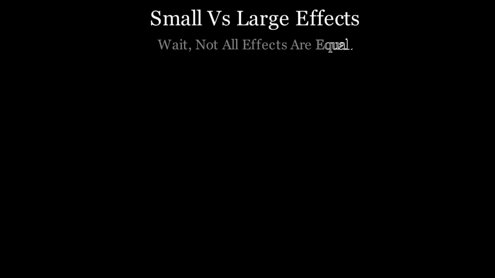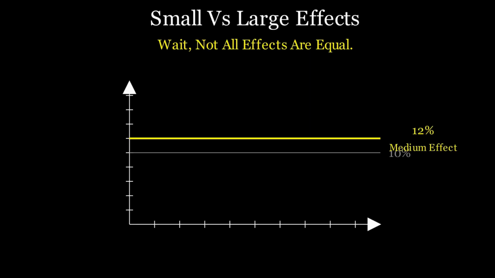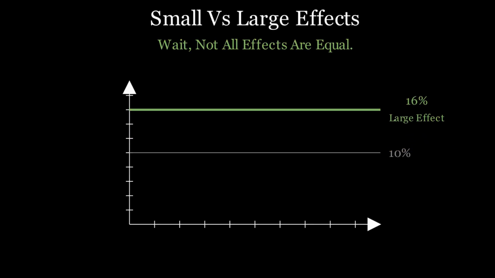They treat all improvements the same, but not all effects are equal. Small effect, such as conversion rate changing from 10% to 10.1%. Users barely notice it. Business impact minimal. Medium effect, noticeable improvement, might justify action. Large effect, clear visible impact, strong signal for decision making.